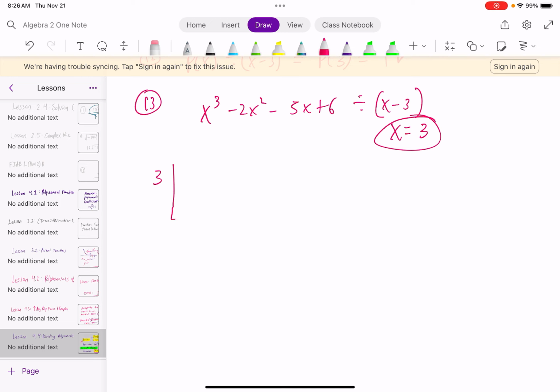My x cubed coefficient is 1, negative 2 for the x squared, negative 5 for the x, and then the 6.